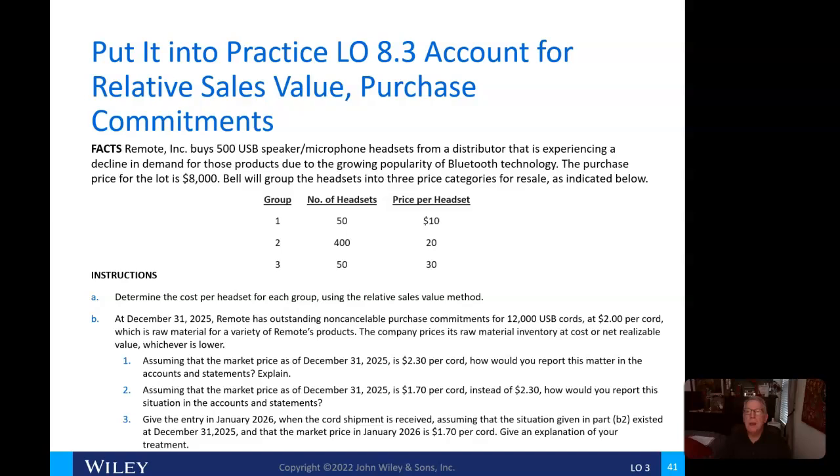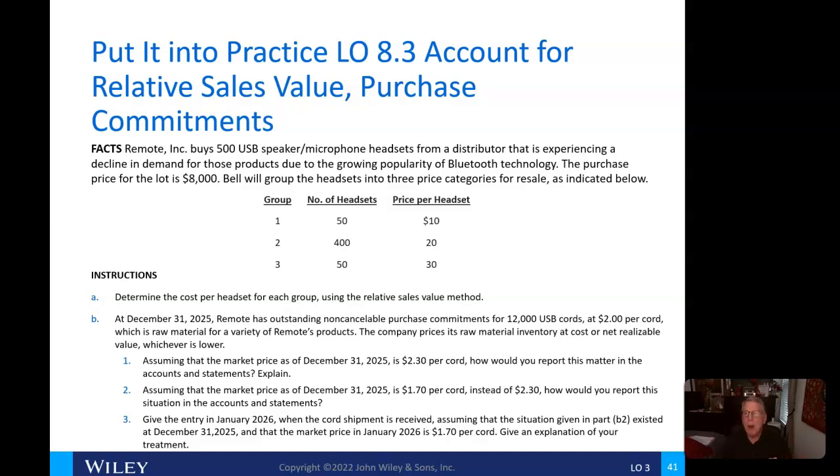Okay, let's take a look at accounting for relative sales value and purchase commitments. Now it's a little more complex. Remote Incorporated buys 500 USB speaker microphone headsets from a distributor that's experiencing a decline in demand for those products due to the growing popularity of Bluetooth technology.